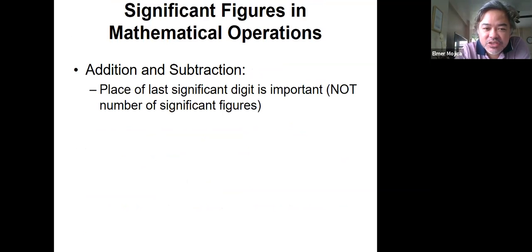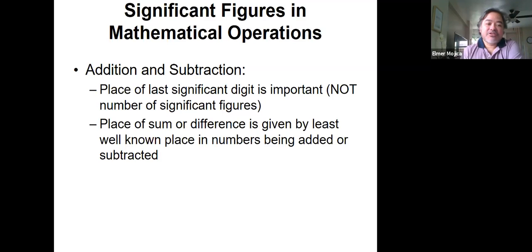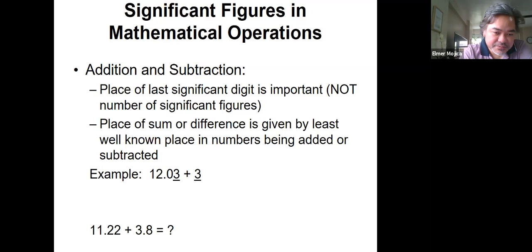Addition and subtraction. It says here, the place of the last significant digit is important, not the number of significant figures. The place of the sum or difference is given by the least well-known place in the numbers being added or subtracted. So how are you going to do this operation that you have here? You have here a 100 place and a 1 place.